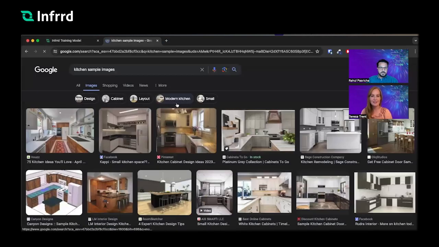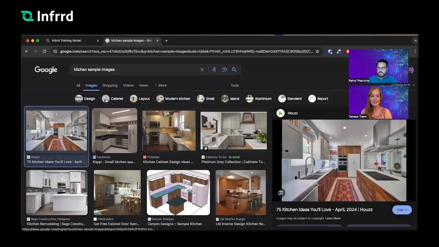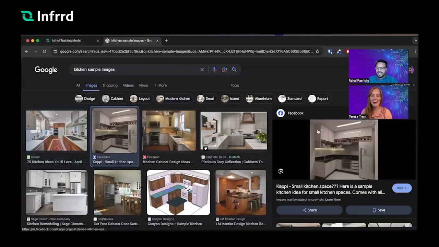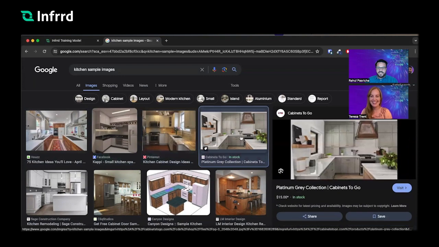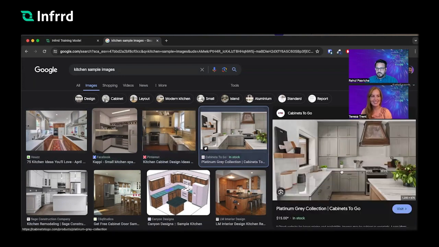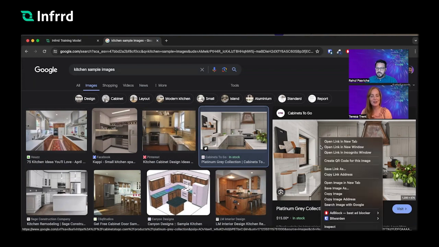And I'm going to go to images and let's maybe look for, sure, I wish my kitchen looked this clean and beautiful. I know. Mine too. Yeah, let's try this one. Let's go for it. That's a great one.